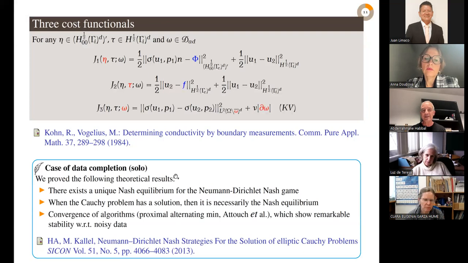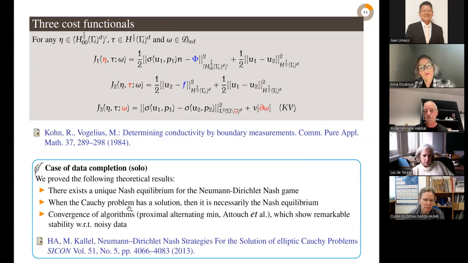We could prove that there exists a unique Nash equilibrium for the play between G1 and G2, and that this Nash equilibrium is always existing and unique, even if the f and phi are not compatible. But when f and phi are compatible, so there is a unique Cauchy solution, then the Nash equilibrium is this Cauchy solution. So the game does the job. The game does always some job, and when there is a solution, it does the job.